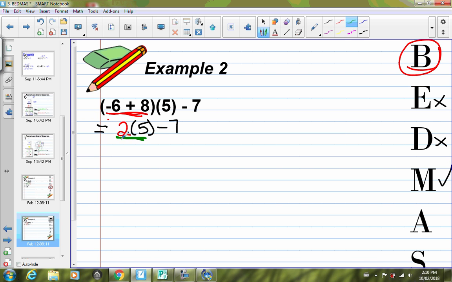Because I have this bracket here, this 2 and that 5, and we know that that means multiplication. So 2 times 5, that gives me, when we put that inside our calculator, 10 minus 7. And we get our final answer. We can just do that, which I get 3.